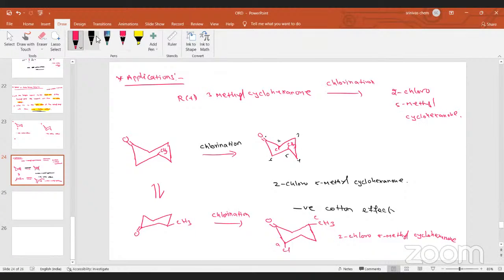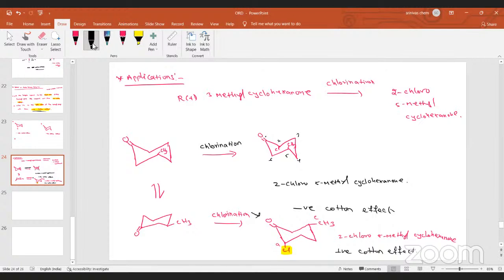Viewing from this side, the alpha halogen is presented on the right side of the carbonyl group. So it will show a positive Cotton effect.